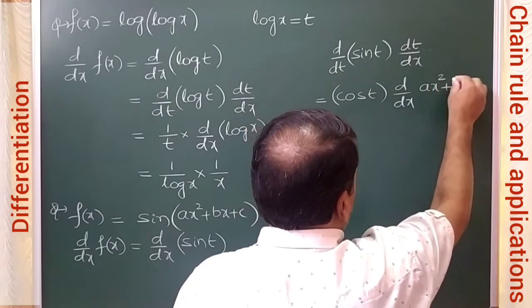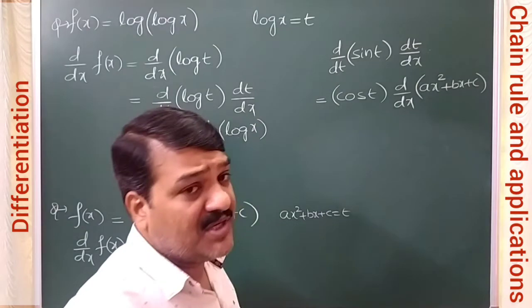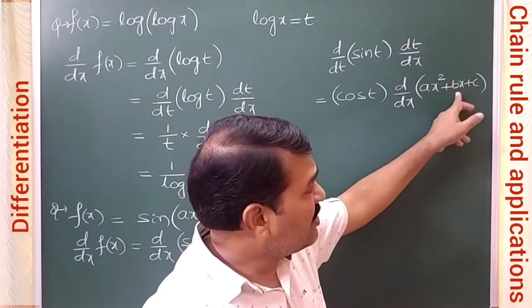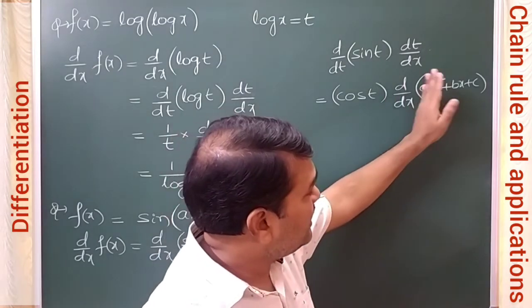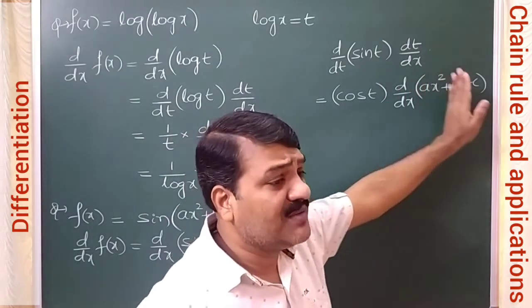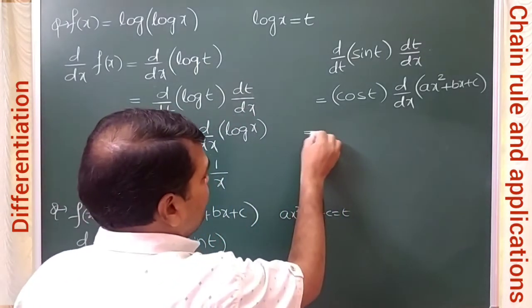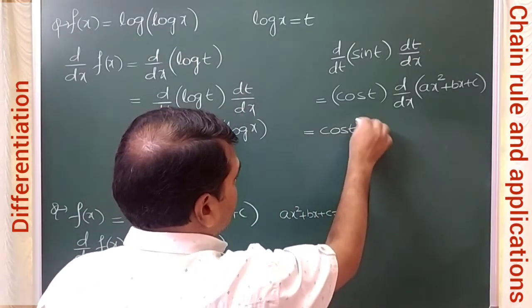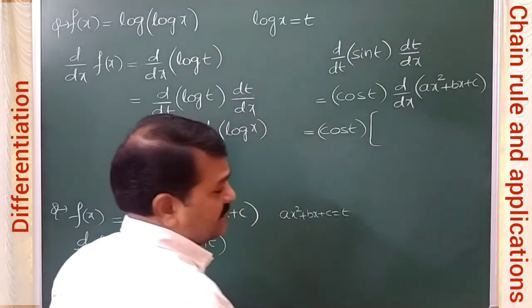So d by dx of ax square plus bx plus c, we can differentiate, because you have sum or difference of two or more functions, so you can differentiate each term separately. So I can write this as cos t into derivative of ax square.